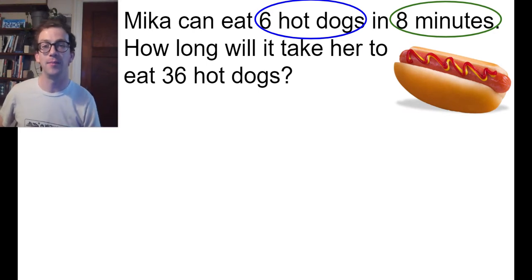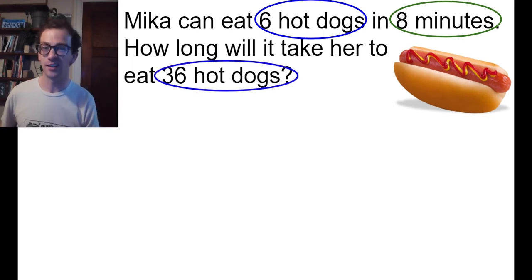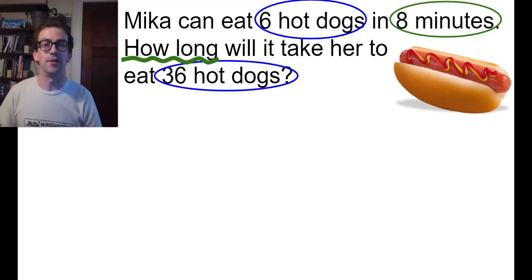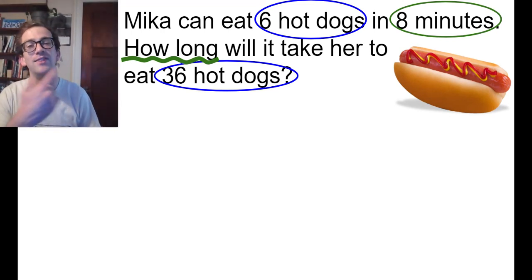That's a comparison. Let me color code those because I'm comparing hot dogs versus minutes. In the second sentence, the question there, I know that she can eat 36 hot dogs in how many minutes? Let me underline that with a squiggle because I'm going to clue myself in. That's what I'm looking for. That's the answer that I need to find.